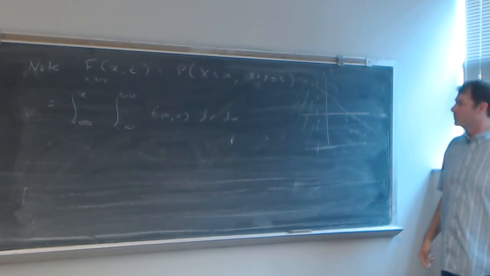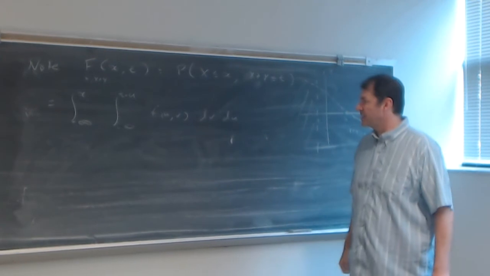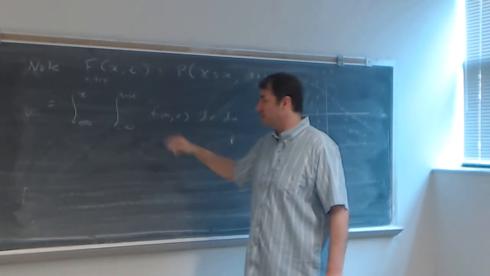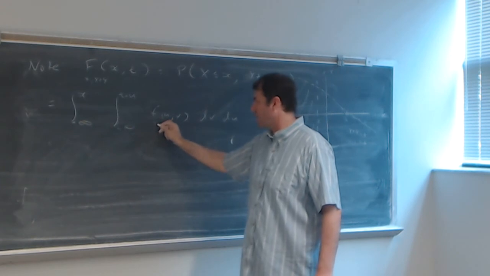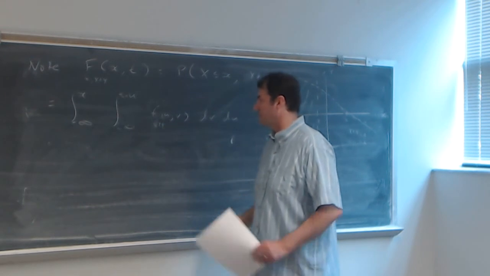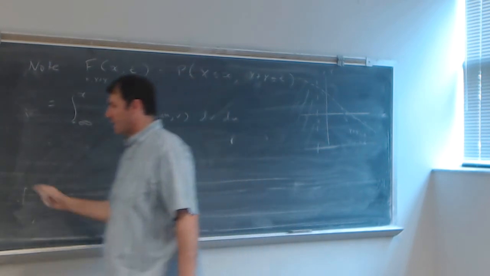And here, what we're thinking of is that this is the joint PDF of x with y. Okay? That's what this is. So I could write down x comma y here, or u v if you want. Same thing. Okay, so that's something to keep in mind.